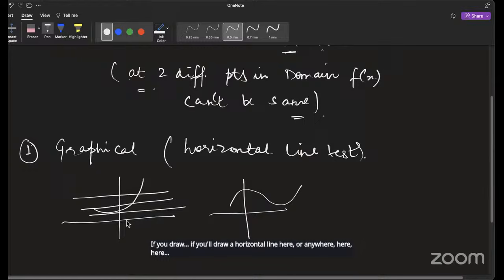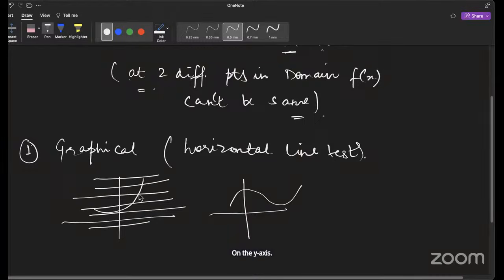anywhere on the y-axis, at most it's going to cut this graph at one point. It only cuts it at one point. If you draw a horizontal line in this graph, it cuts the graph at 3 points. Here it cuts at again 3 points.